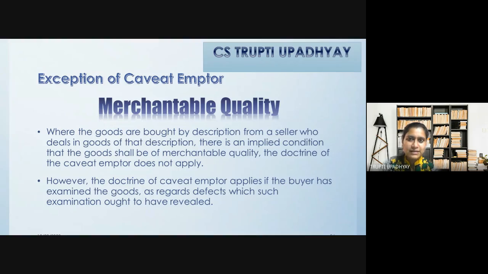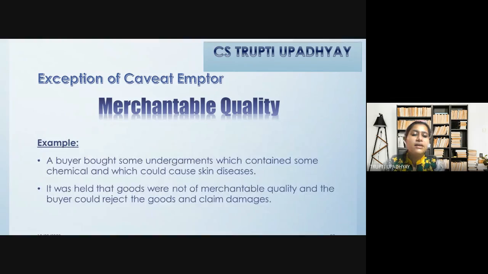Later on, if the buyer is unable to sell those goods in the market, then the buyer cannot blame the seller for giving goods of unmerchantable quality, because the buyer himself confirmed to the seller that he will be able to sell those goods. So there the caveat emptor applies.